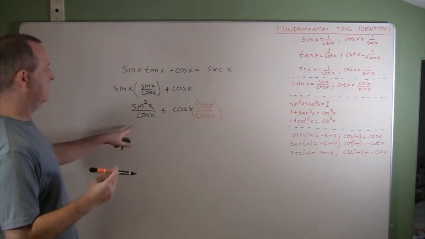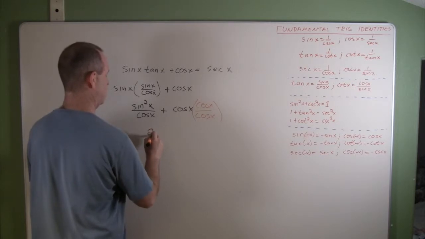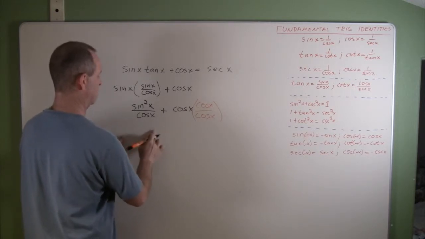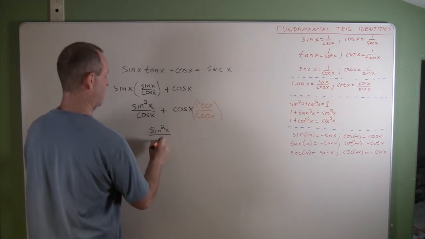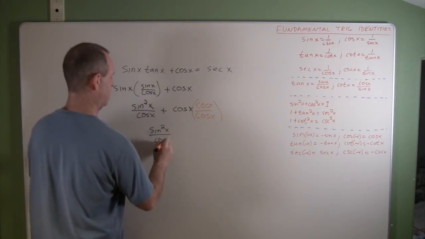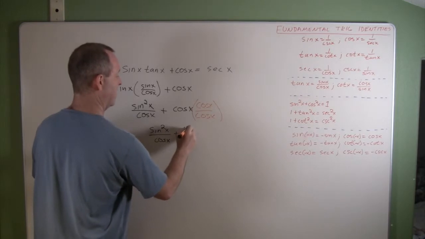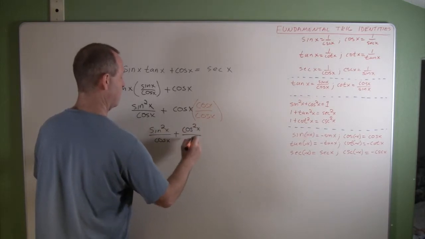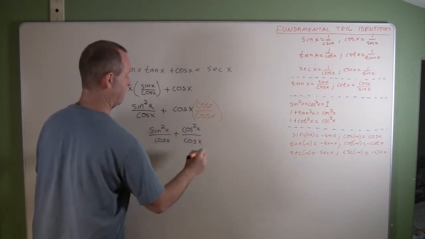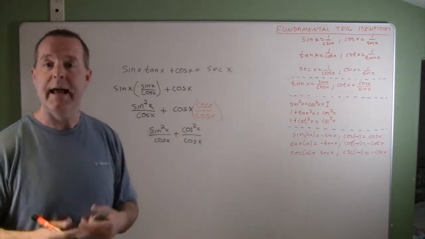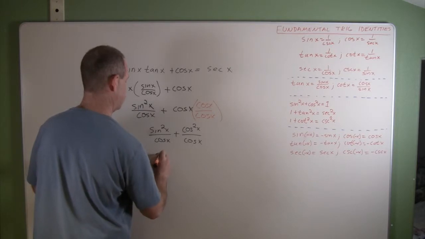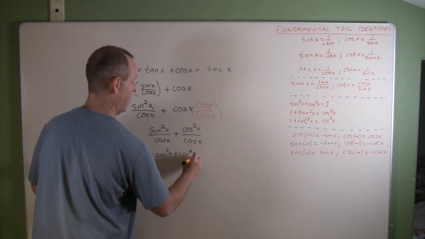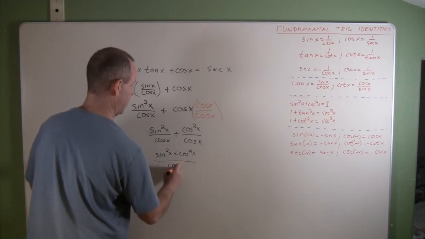And in so doing, I have sine squared of x over cosine of x plus cosine squared of x all over cosine of x. Now I have common denominators, so I can add them. And so I have sine squared of x plus cosine squared of x all over cosine x.